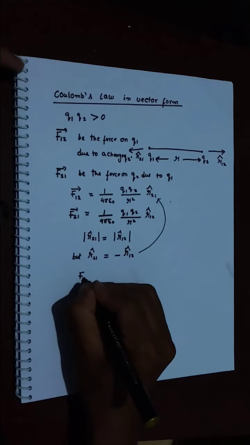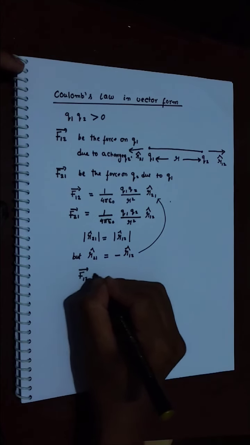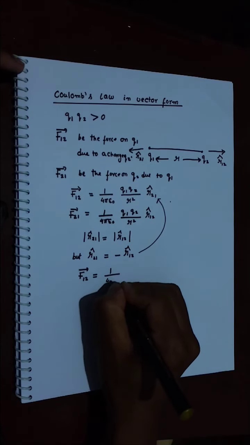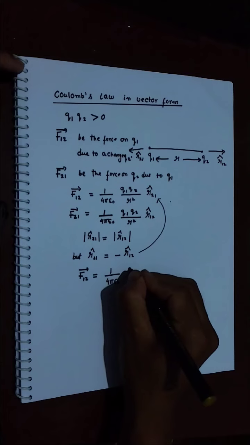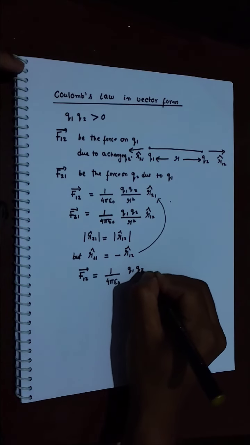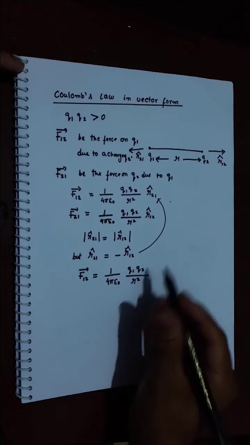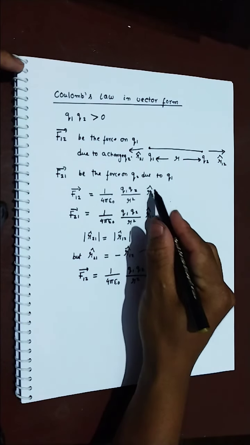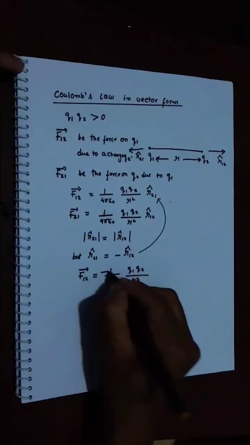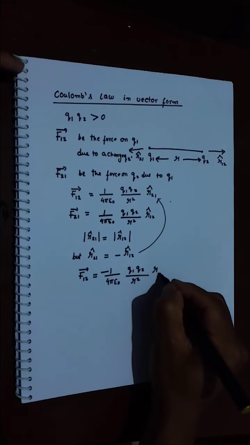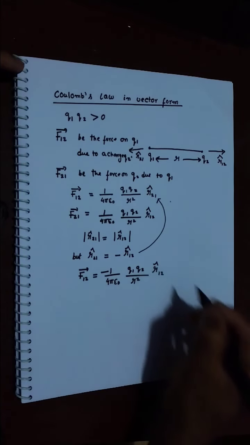we can write F12 vector equal to 1 by 4 pi epsilon naught Q1 Q2 divided by r square. Instead of R21 cap, I can write minus R12 cap.